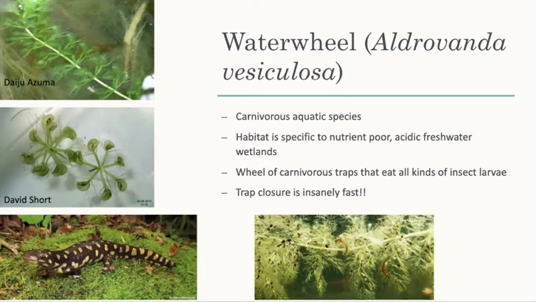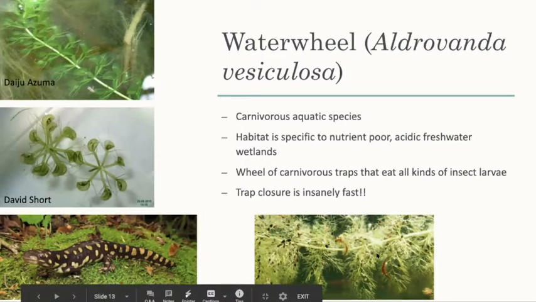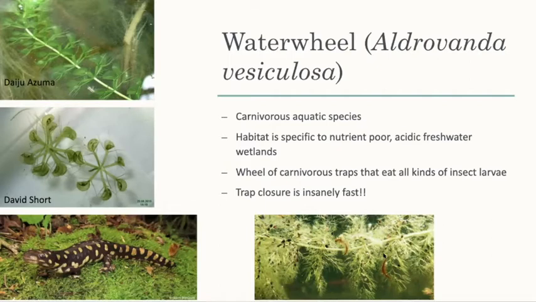We do have a native carnivorous aquatic species that inhabits similar habitats. It's called bladderwort, and there's a picture of it below the text here. But the traps are much more intermittent throughout the plant, and they're much, much smaller. So the native bladderwort is eating microscopic organisms, microinvertebrates, and phytoplankton-size creatures.